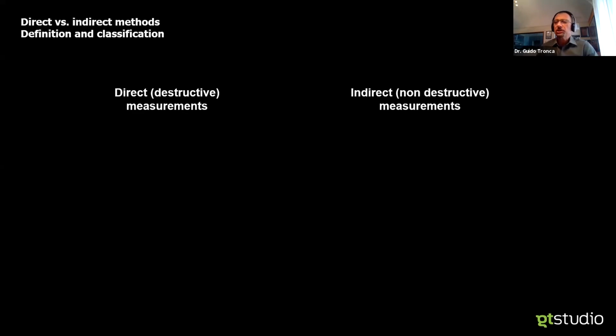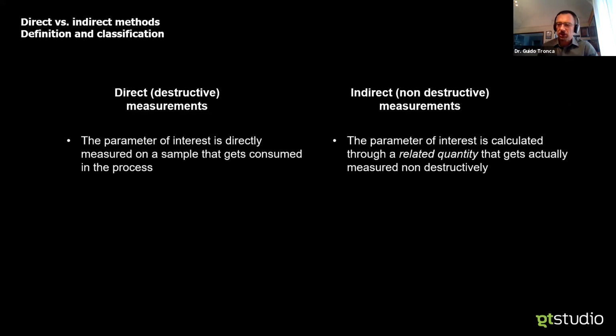So if I should point out some key features of one family versus the other, I would say that in a direct traditional measurement, I measure directly the quantity I'm interested in, and normally I destroy a sample for doing that. While the non-destructive or indirect approach focuses on measuring a related quantity somehow correlated with what I'm looking for.